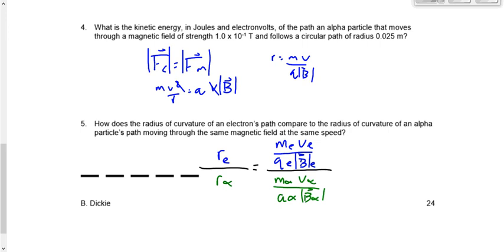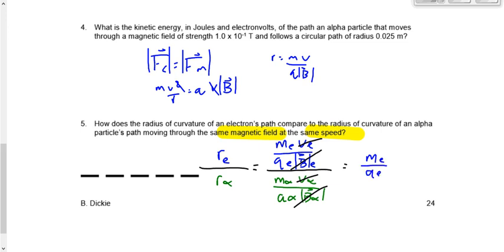Now, there are two things actually that I can cancel out here. It says it's the same magnetic field. Same magnetic field, all right. Let's cancel out the magnetic field then. Also says it's the same speed. All right, then let's cancel out the speed. So now I've got M_E over Q_E.